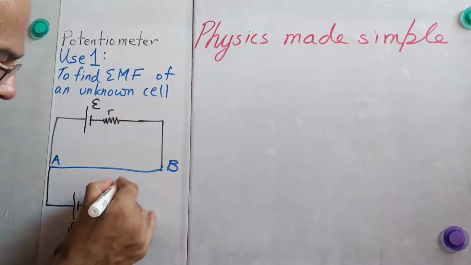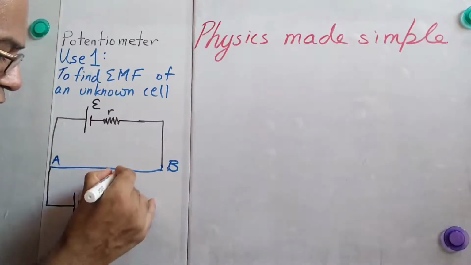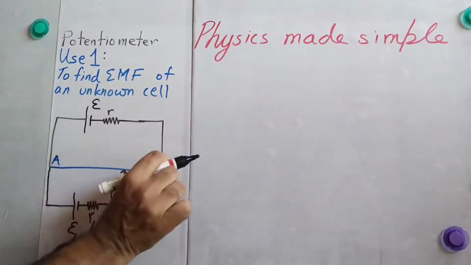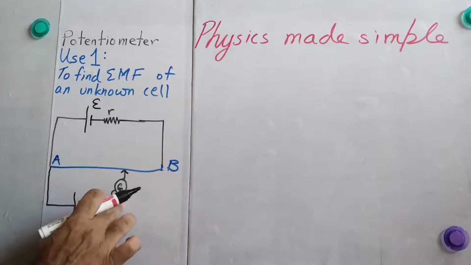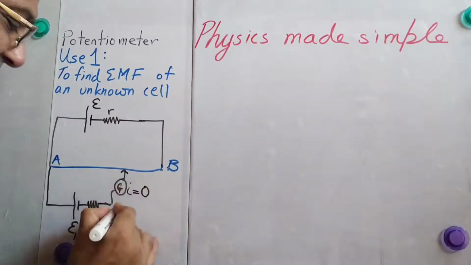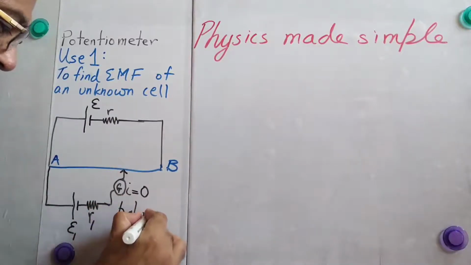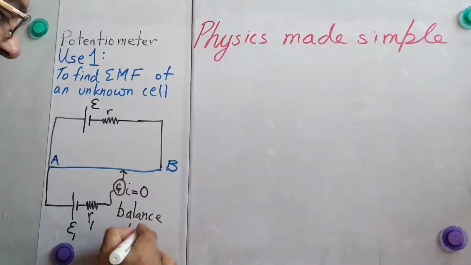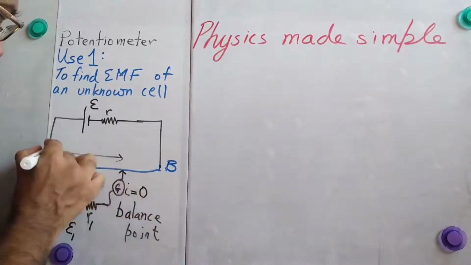We connect this to a galvanometer and we move a jockey on the potentiometer wire and find a point where the current through the galvanometer becomes zero. This is called balance point, and this length L1 is called balance length.